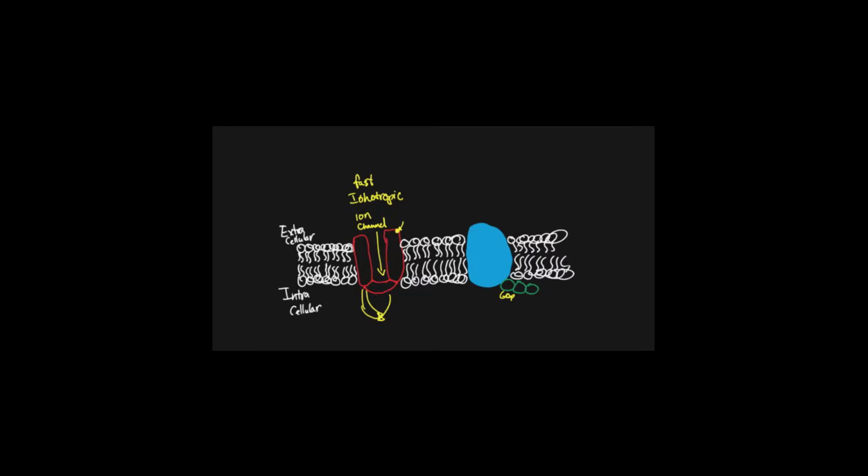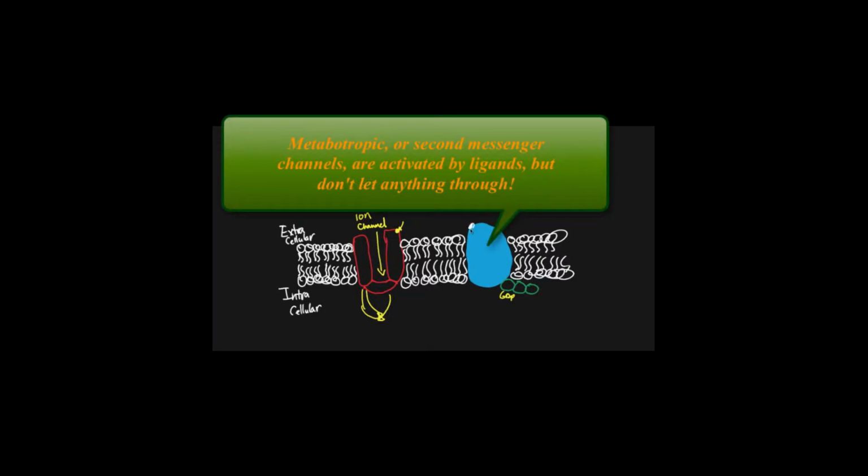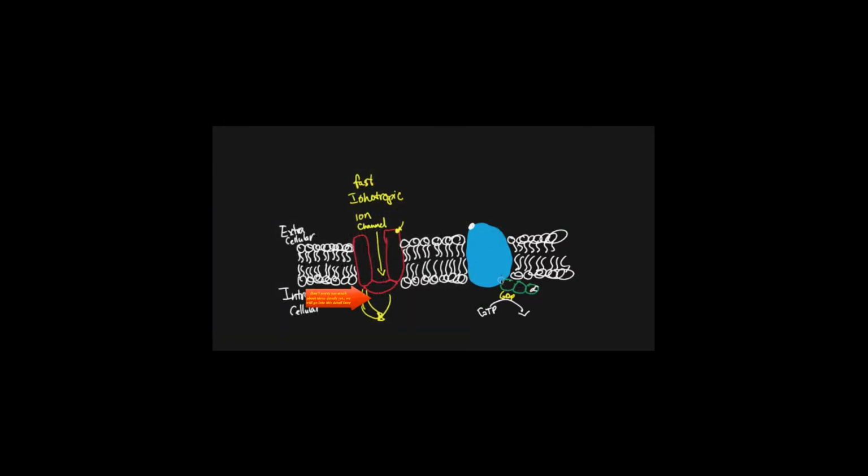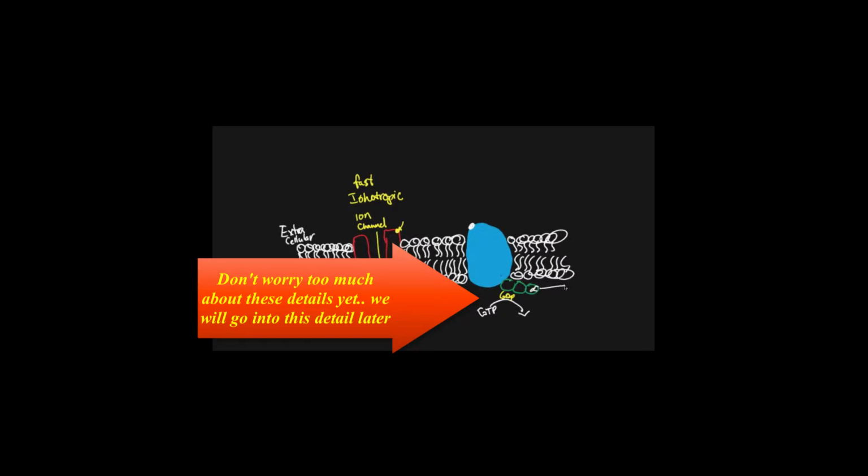And these metabotropic receptors don't let stuff through. What they do is they are attached to something called a second messenger. And the second messenger will have a few subunits, and it'll have something called a GDP molecule attached to it.